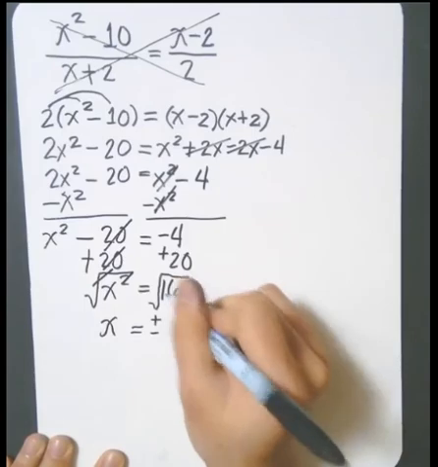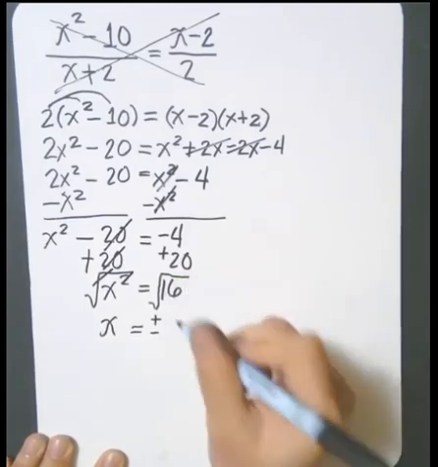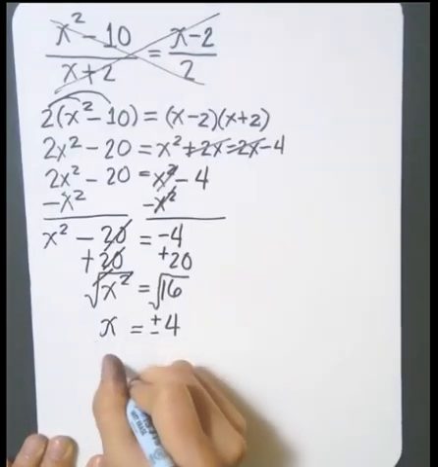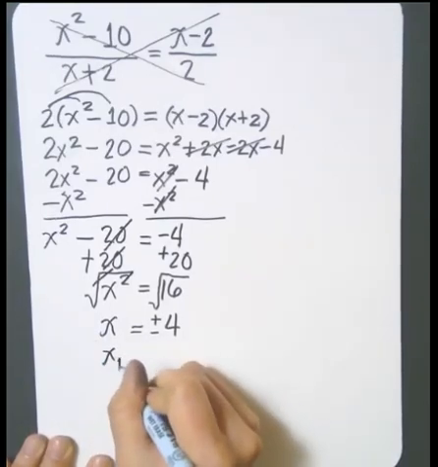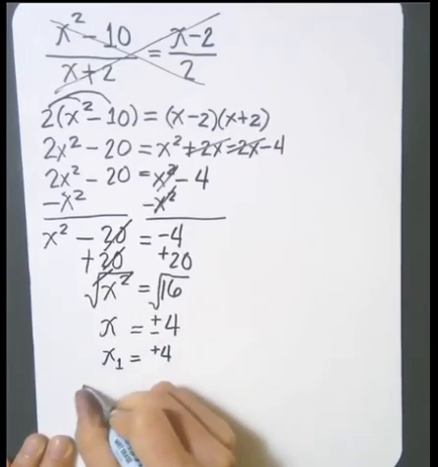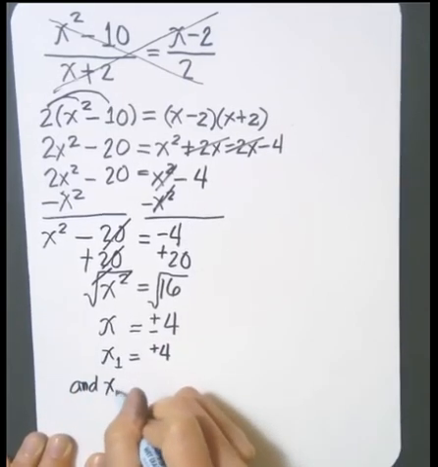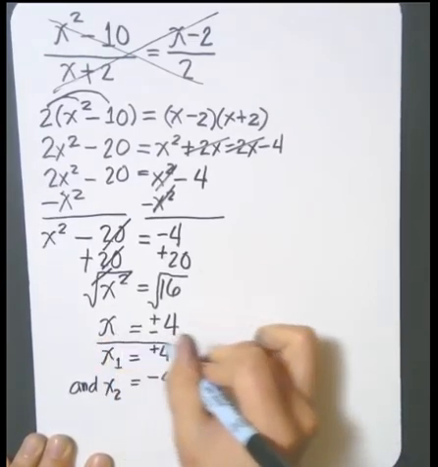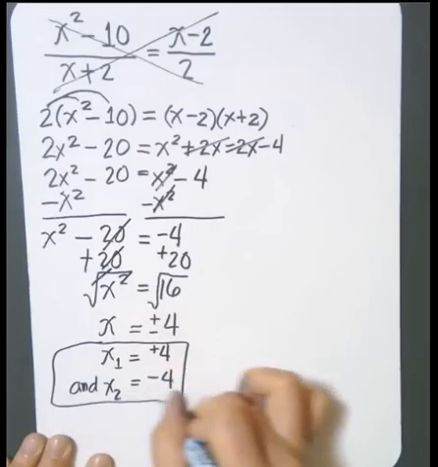And what is the square root of 16? The square root of 16 is equal to 4. So the values of our solutions are positive 4 and negative 4. We need to have two values of solutions.